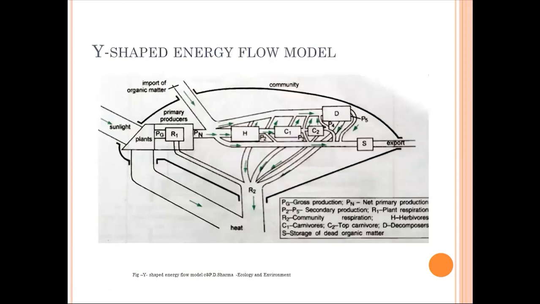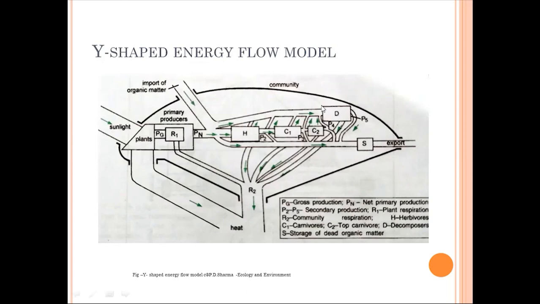Then this is the Y-shaped energy flow model. The Y-shaped energy flow model says that in nature there are two types of food chains, that is the grazing food chain and the detritus food chain. So the waste that is given out through the grazing food chain, the undigested materials, can be acted upon by the decomposers in the ecosystem.